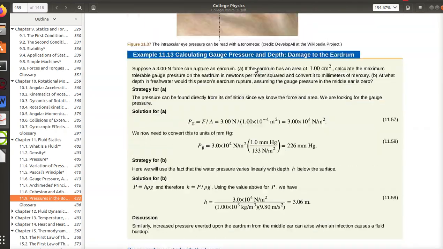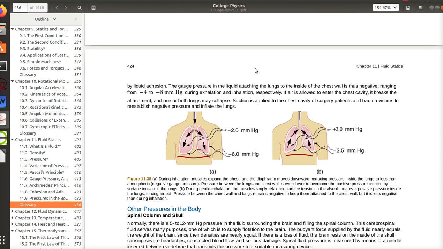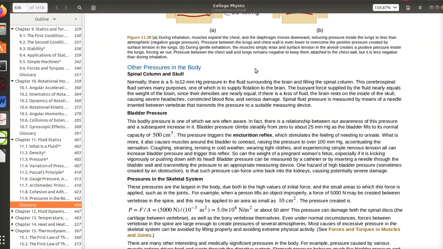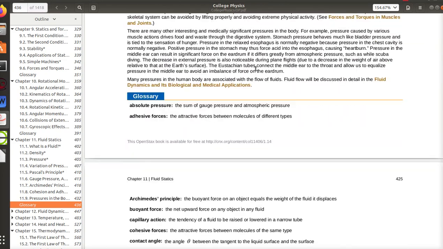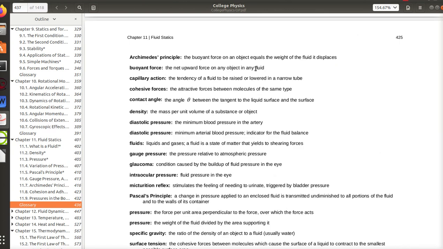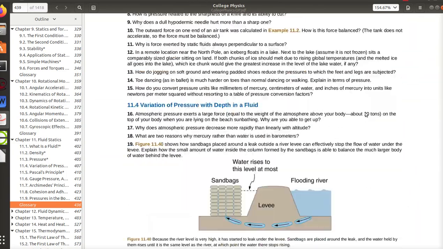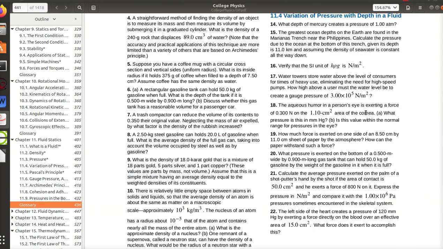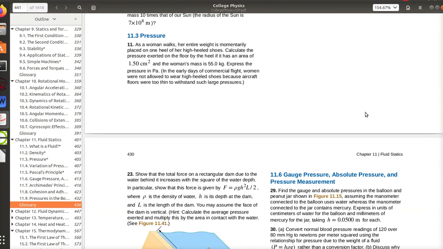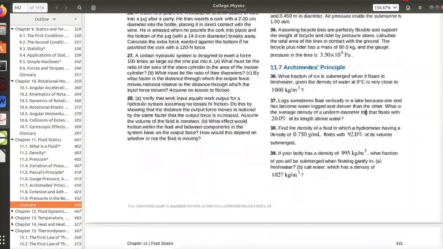And so that's just the statics part of pressure of fluids. So I have to have a fluid or a gas in order to have a pressure, because it's measurable. And that gets us through chapter 11, and there's 3 more to go, and we're just going to touch on parts of it.